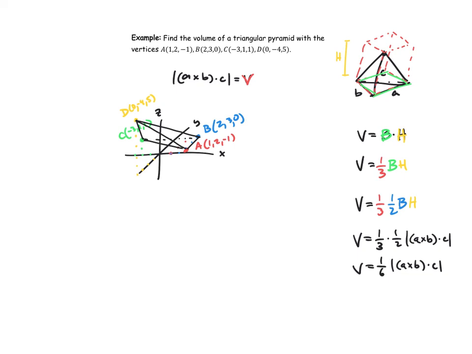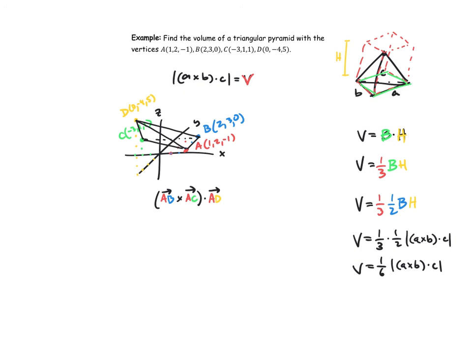So what I'm going to do is take the vector from A to B, and cross that with the vector from A to C. And I'm going to do that first, and dot that with the vector from A to D. Now it's really important that you know that A is like that origin point.